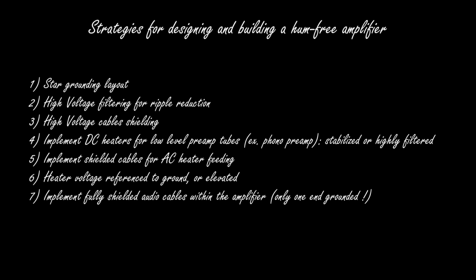The same goes for the shielded cables connecting equipment together. So, for example, the shielded cable connecting the preamplifier with the power amplifier. I strongly recommend utilizing a shielded cable where the shield is connected to ground on one side only. This is again to avoid ground loops.